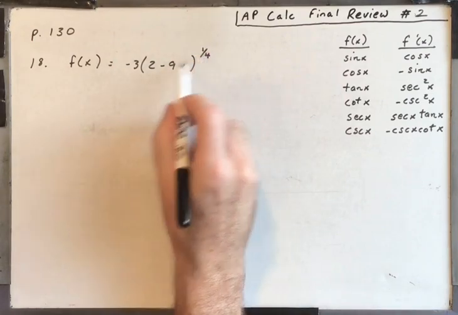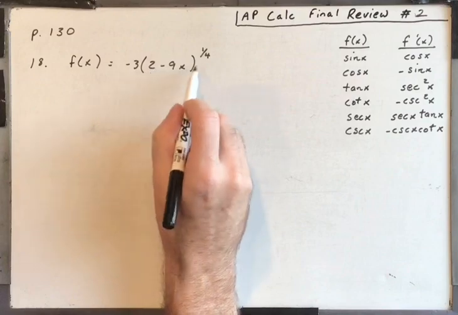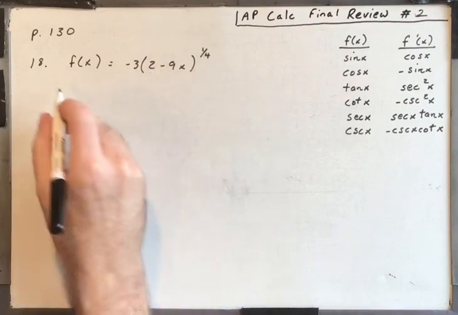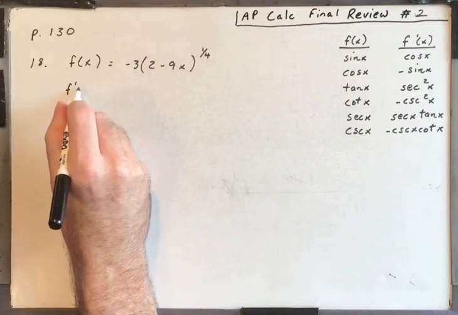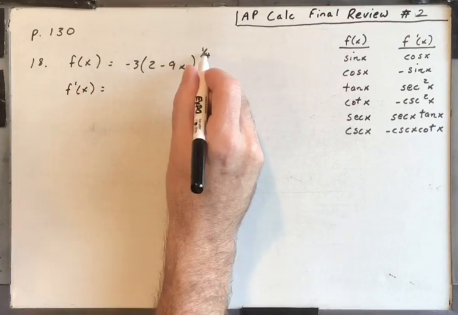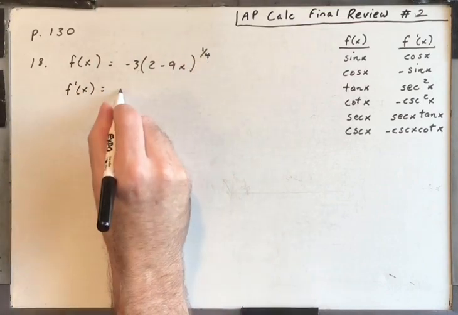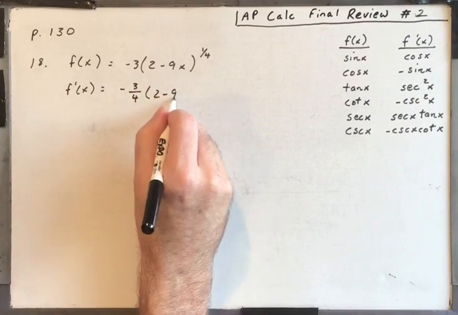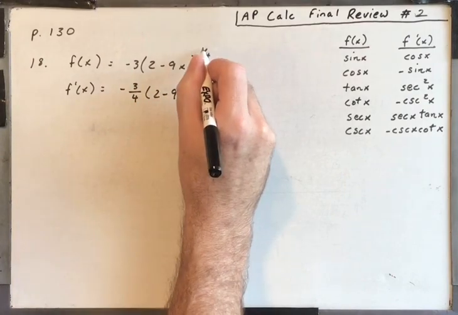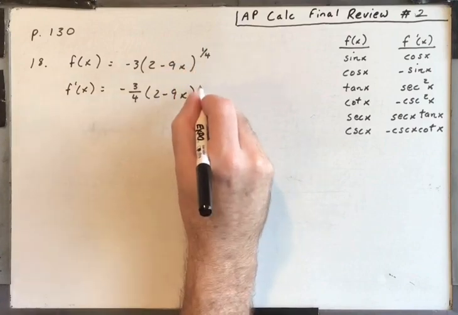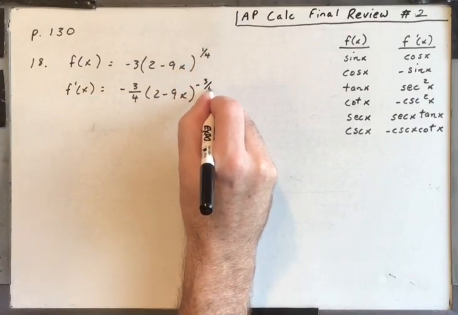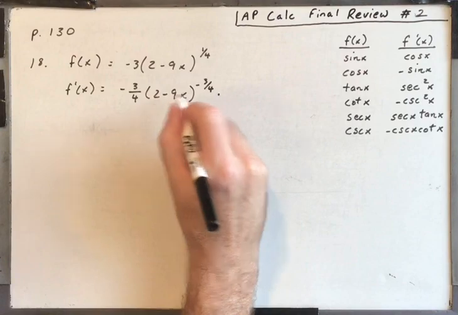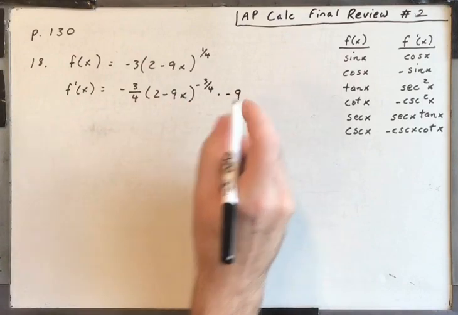Okay, in the book it may have the 4th root of this, but this is how you want to rewrite it. f prime of x, 1/4 times negative 3 would be negative 3/4 times 2 minus 9x to the 1/4 minus 4/4, which would be negative 3/4, times the derivative of the block, negative 9.